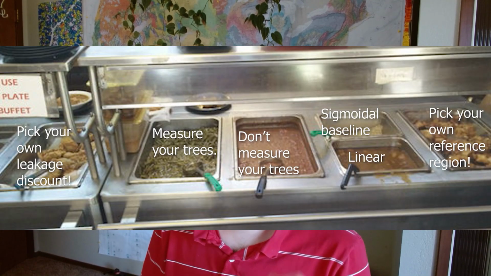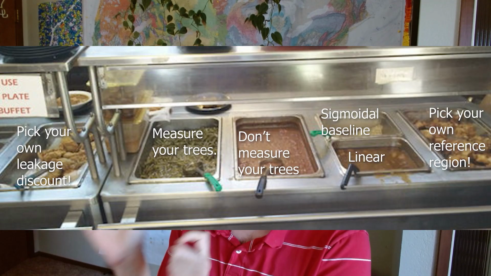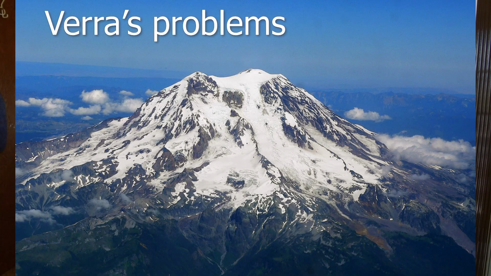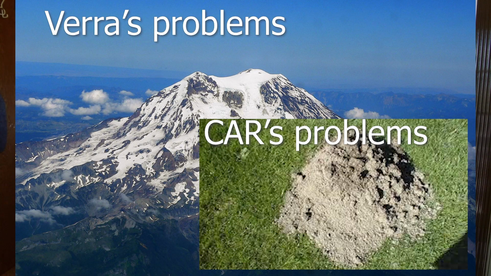If you're doing a Verra project, you just get to pick and choose from this buffet table exactly what you want to do with your project. And so I think it's rather pointless to review a Verra protocol because I don't think they constitute a real set of rules. So that means, unfortunately for the Climate Action Reserve, that my ire is going to be drawn upon them.